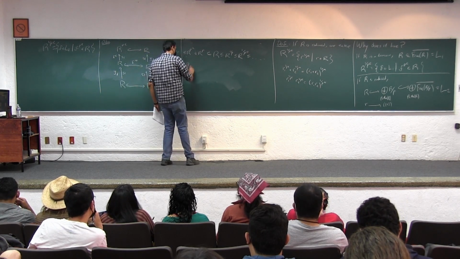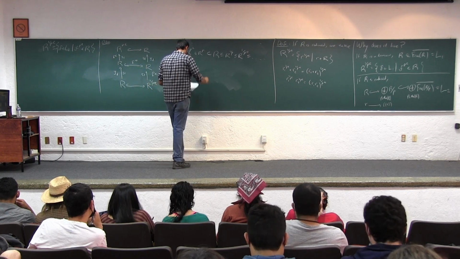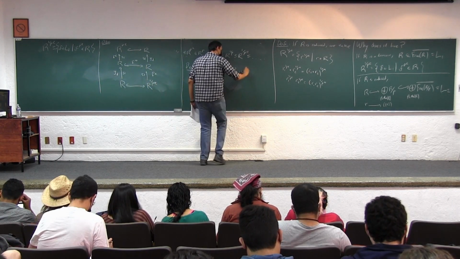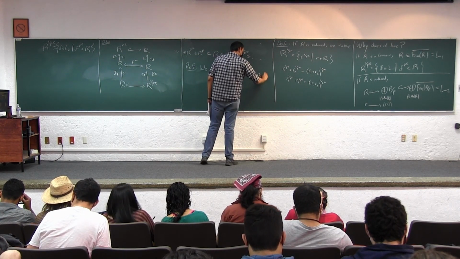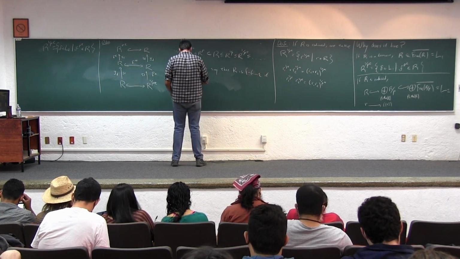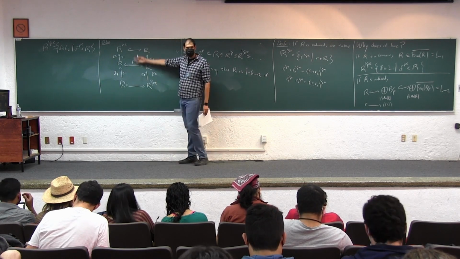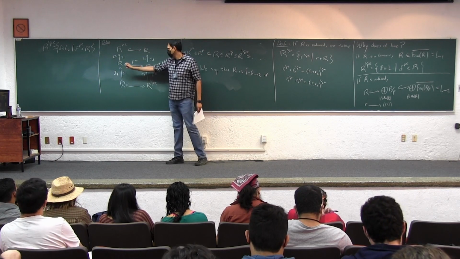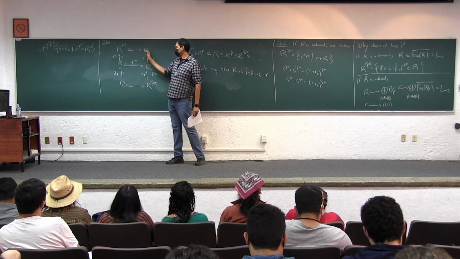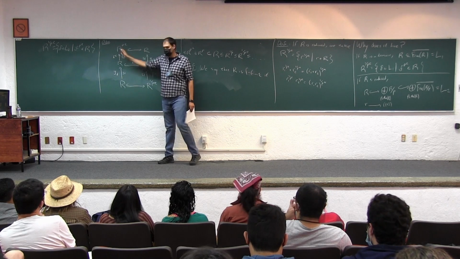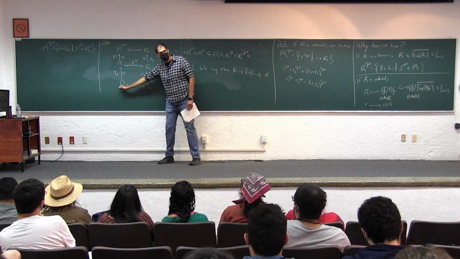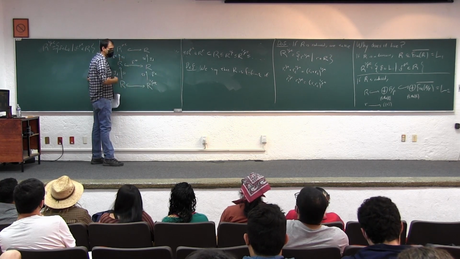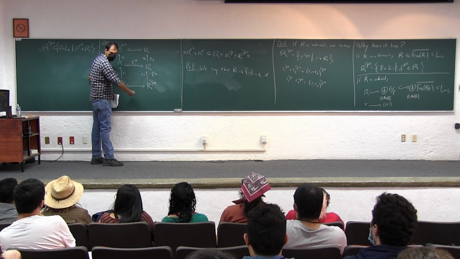So definition, we say that R is F-finite if any of these maps is finite. So if this is a finite algebra, if this is a finite module over this one, or if this is a finitely generated module over this one. People who know me know that this is my favorite.